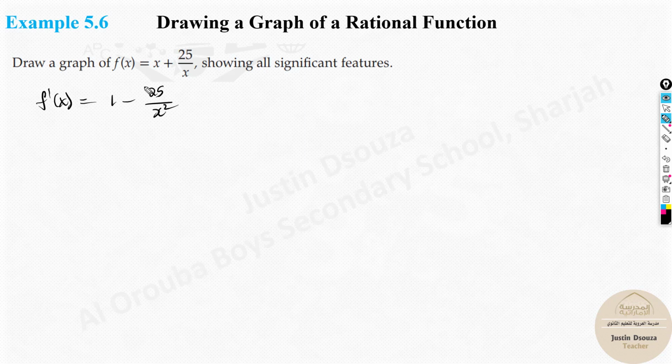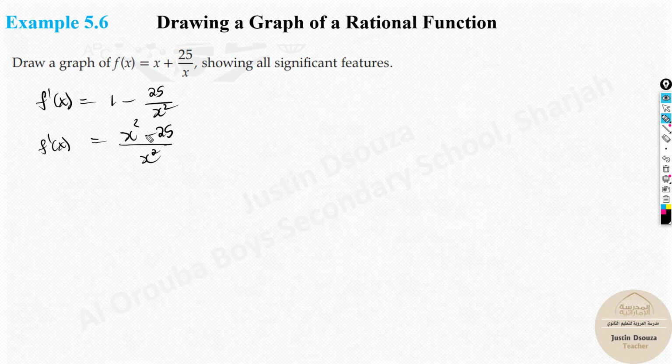Now we need to get into the rational function, numerator and denominator, right? So solve this. Over here now, since it's x squared, it's very easy. You're multiplying up and down by x squared, and the denominators will be the same, x squared. And over here, 1 becomes x squared minus 25. Now, whatever is in the numerator needs to be equated to 0, and the denominator as well.